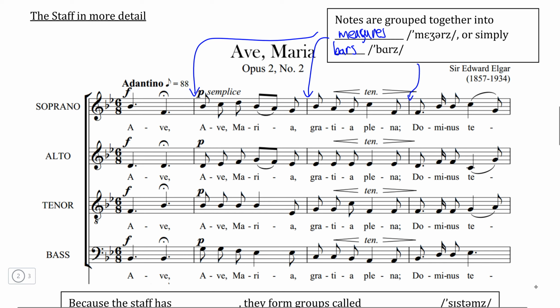So this first measure would be measure 1 or bar 1. The measure that comes after bar 1 would be bar 2, and the measure that comes after bar 2 would be, if you said bar 3, congratulations, you understand how to label measure numbers or bar numbers.